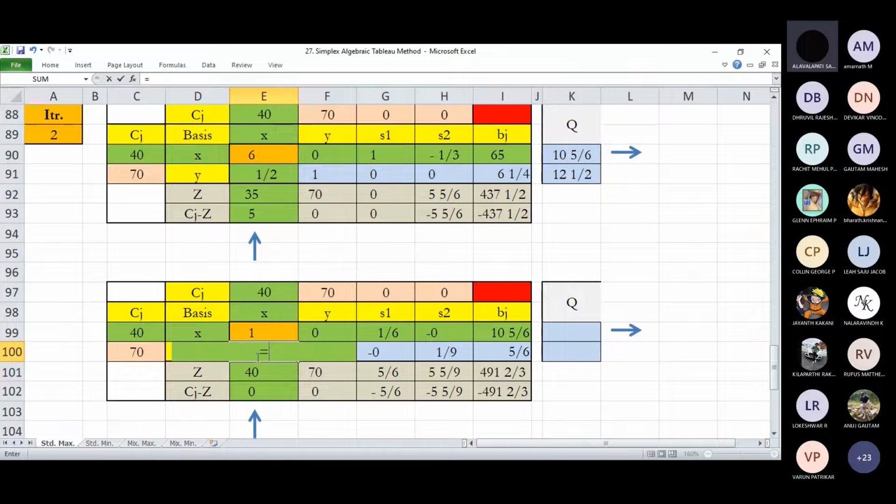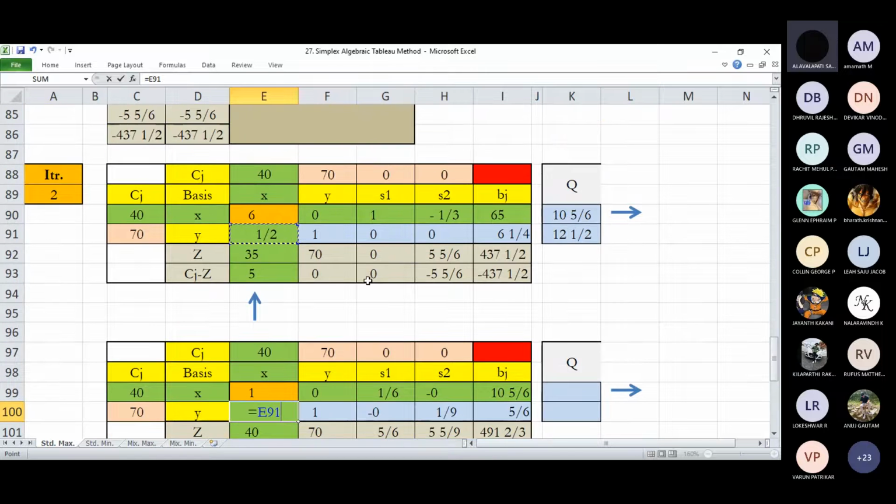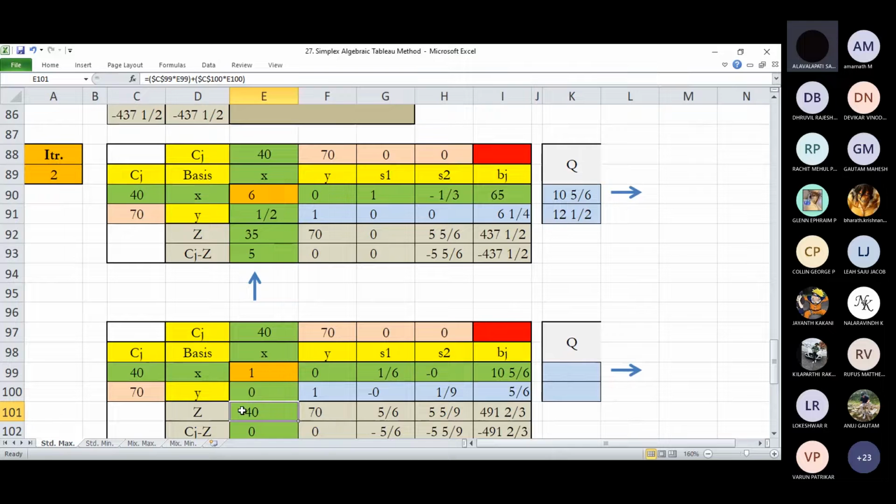I repeat, first is the old number minus its corresponding element in the key row, which is nothing but 6, and the column is the same value, and that divided by the pivot element. So that will become 0 here, right?